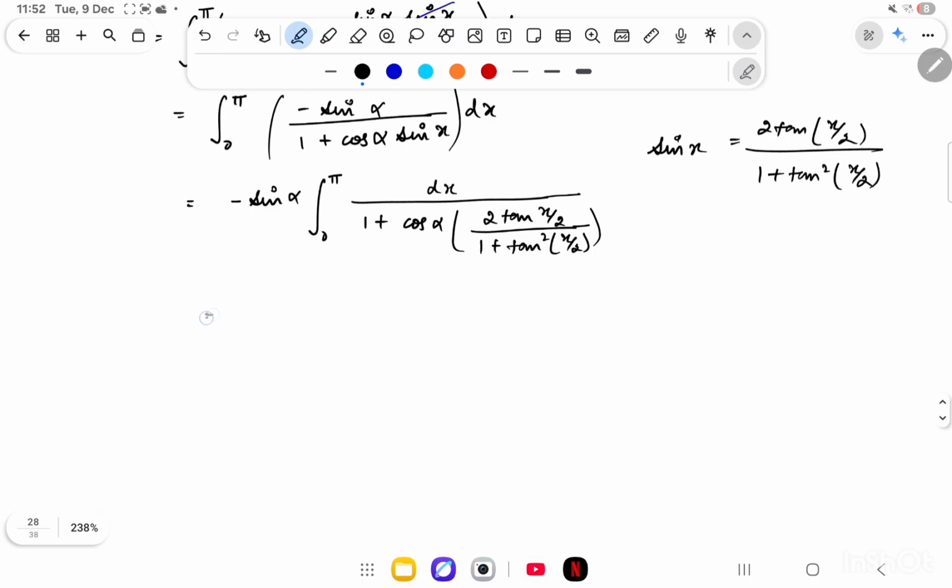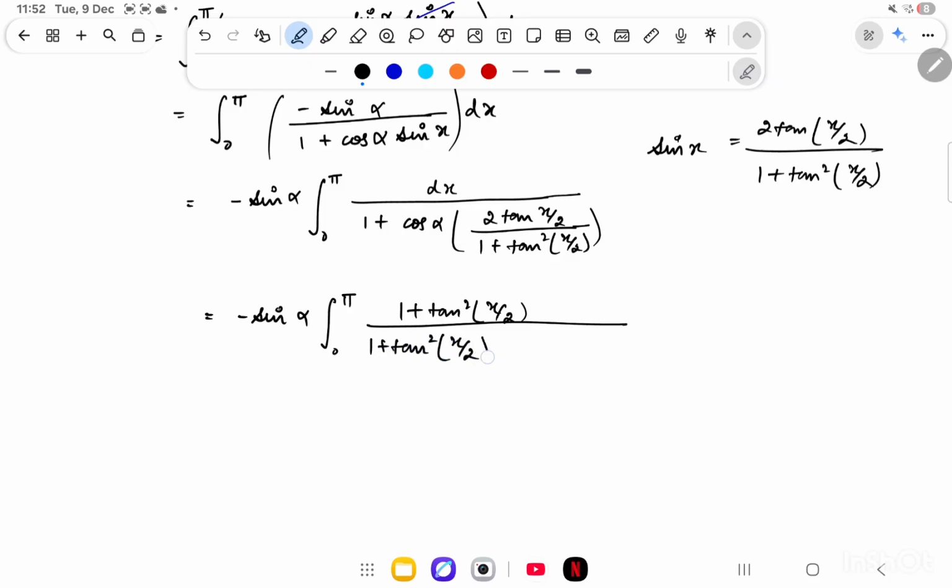Now if I simplify it, it will be equal to minus sin alpha times the integral from 0 to pi of (1 plus tan square x by 2) divided by (1 plus tan square x by 2 plus 2 tan x by 2 times cos alpha) dx.